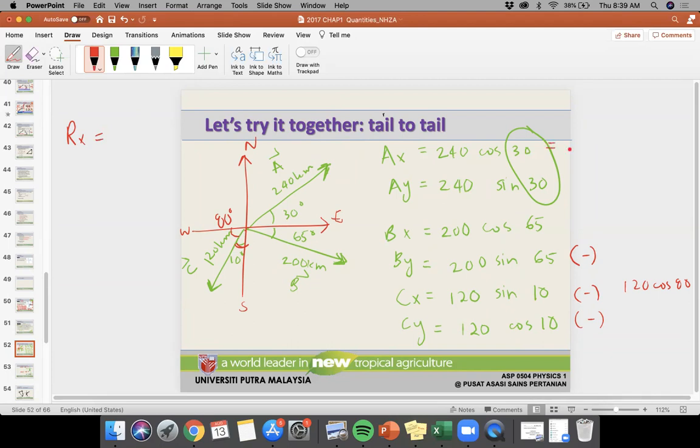I haven't solved for this one. 240 times this. Does anyone want to give me the answer? 85 kilometers.